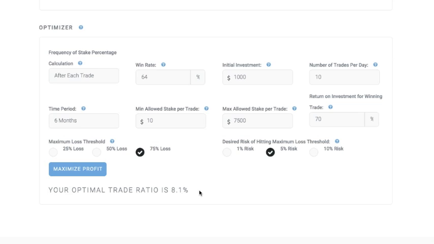So we're going to try to get it to you at least within 1% of that. So to be conservative, if you want to subtract off a percentage point off of that, and go with 7.1% or 7%, that is fine too. And keep in mind that's a 5% risk of losing 75% of your money.